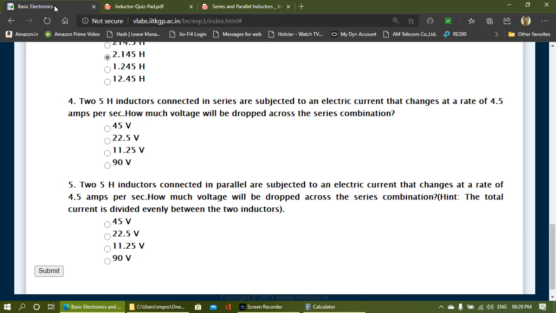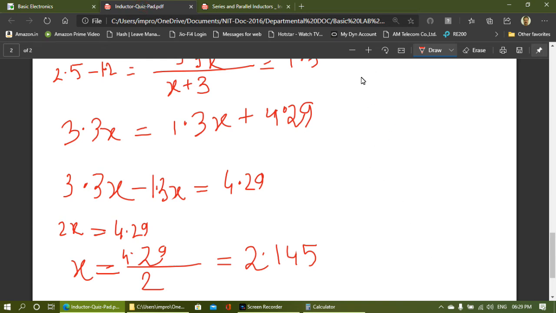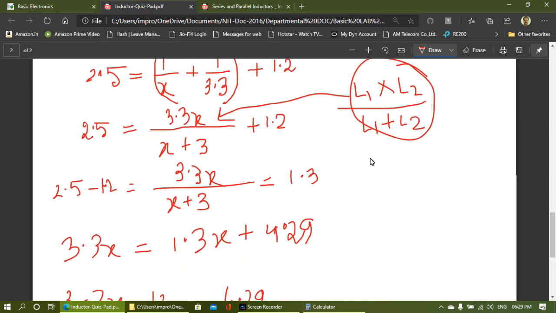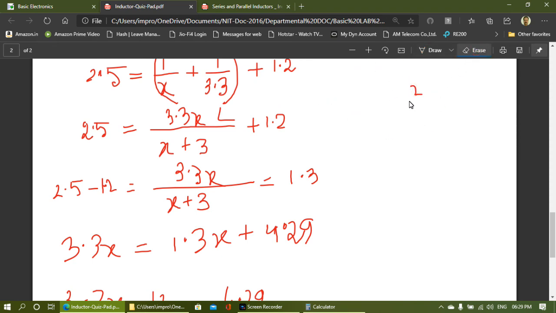So we will have to follow this formula here, where V is equal to L into di by dt.